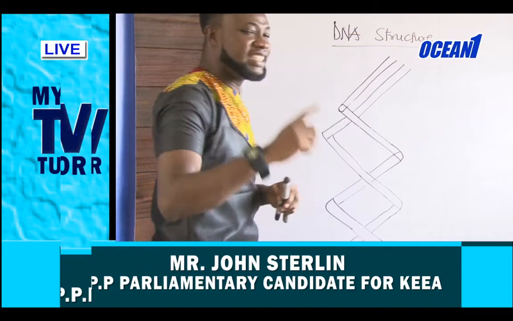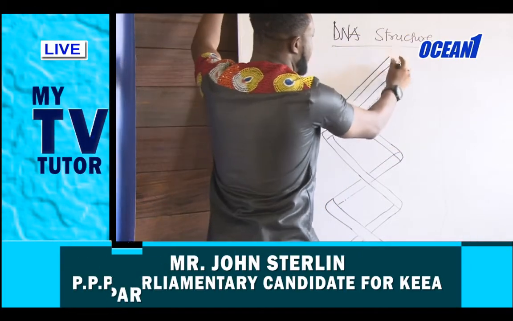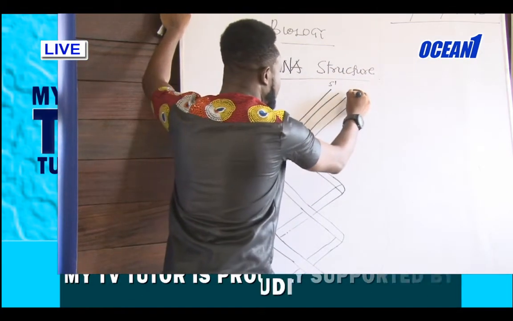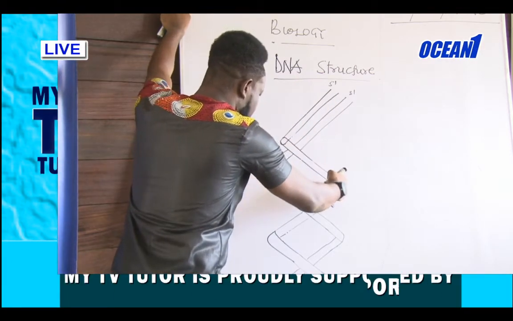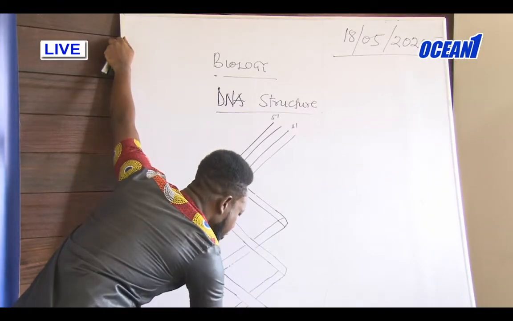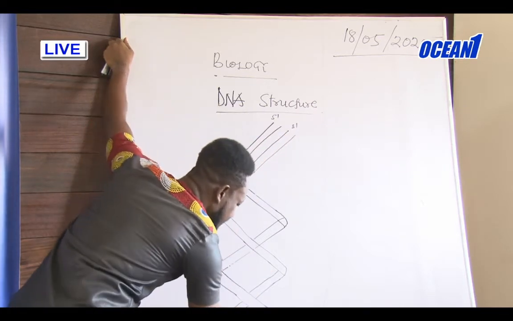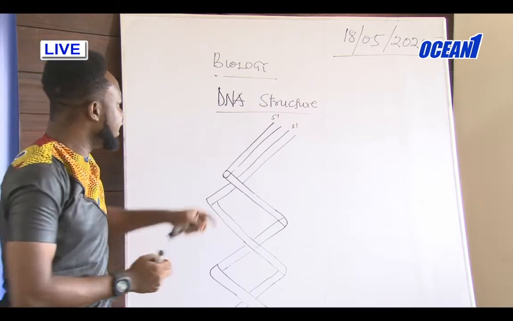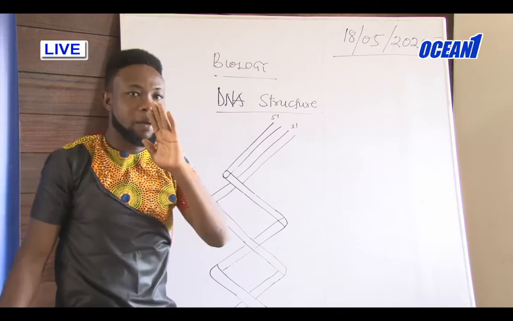So we said that these strands are antiparallel. What it means is that over here, if the beginning is 5 prime, this strand will be 3 prime; then the 5 prime strand will end in a 3 prime, and the 3 prime strand will end in a 5 prime.